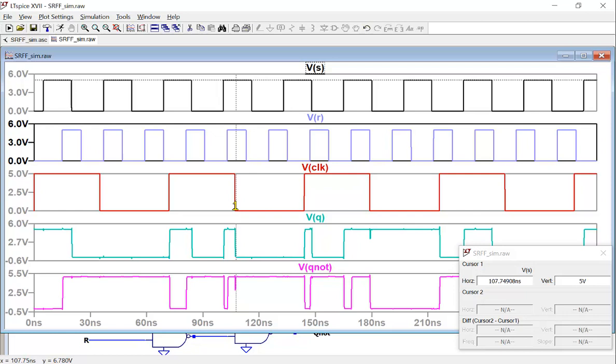What's happening here? What is happening? So we probably have to look at the top. So what was the signal before the falling edge for the clock? You had a 1, 1 here, right? So basically, S, R, clock are all 1s.